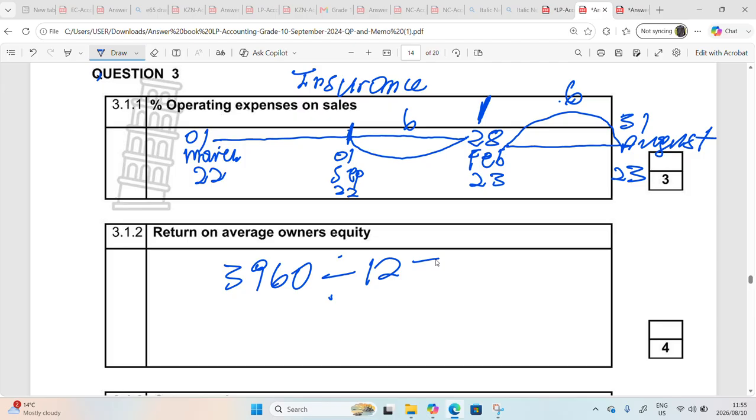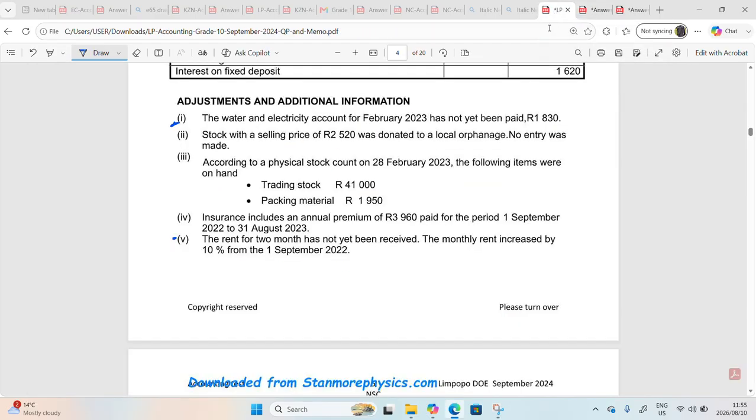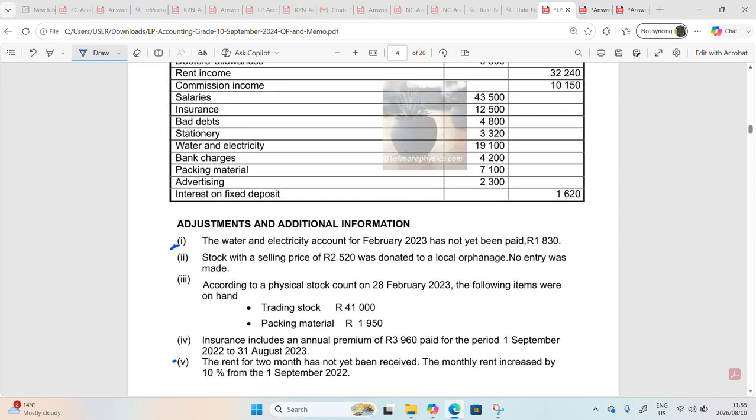Monthly it is 330. So you're going to multiply by 6. You are calculating your prepaid insurance, it is 1,980.